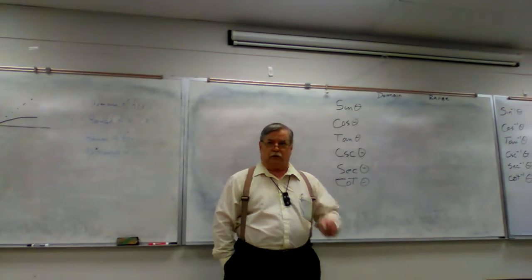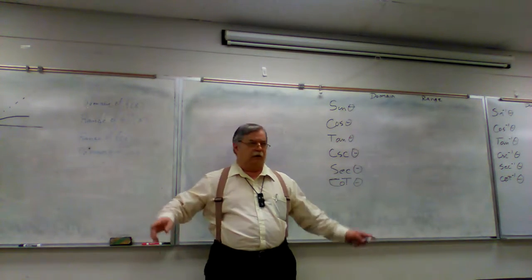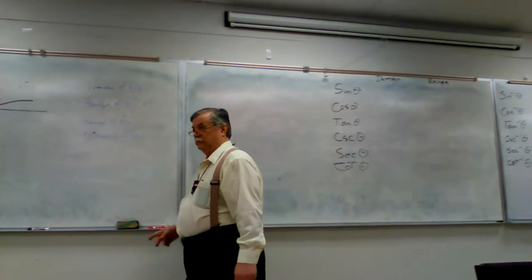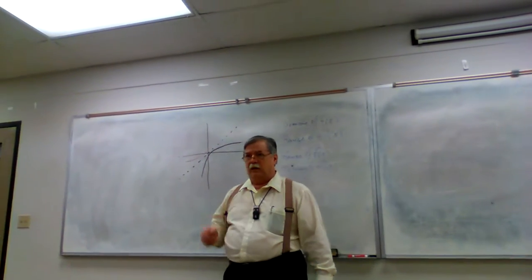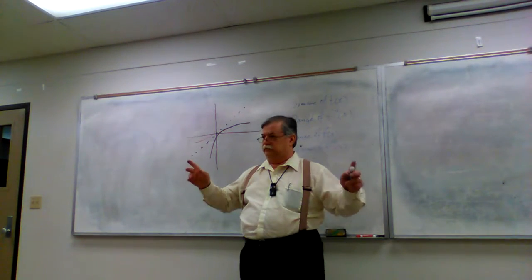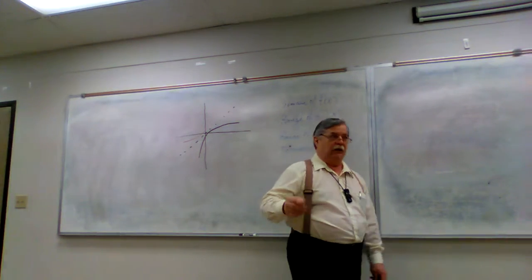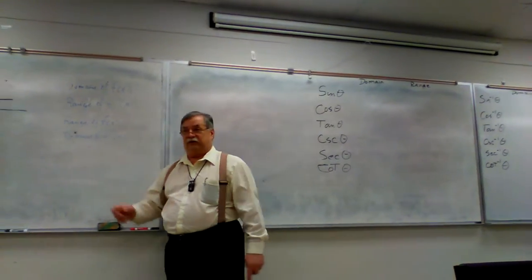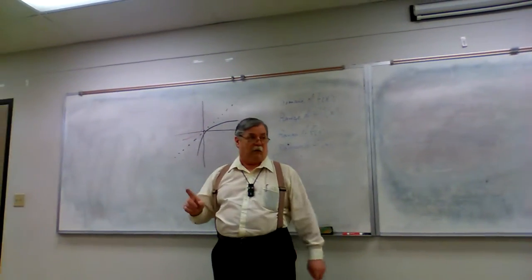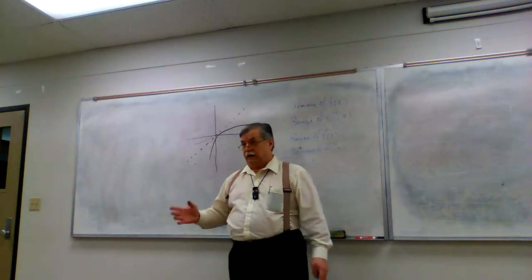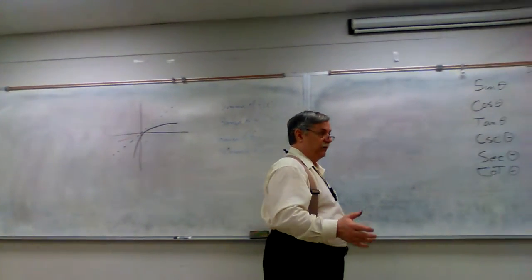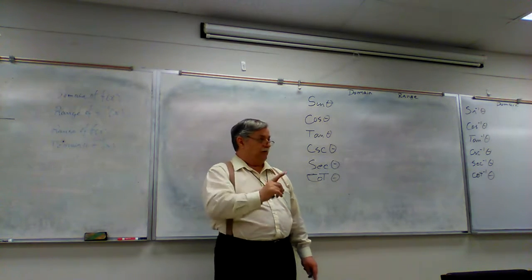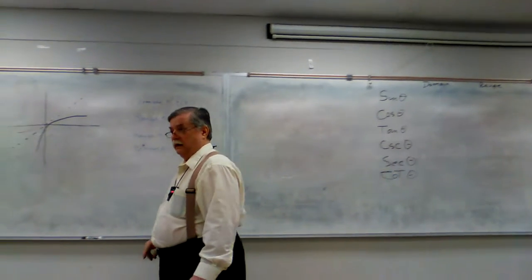And that means that for every value of y that you get out of sine theta, there will be an infinite number of x's. I got that backwards at first. There can only be one value of y for every value of x. That has to be for it to be a function. But that doesn't mean there's only one value of x that will give you that value of y.